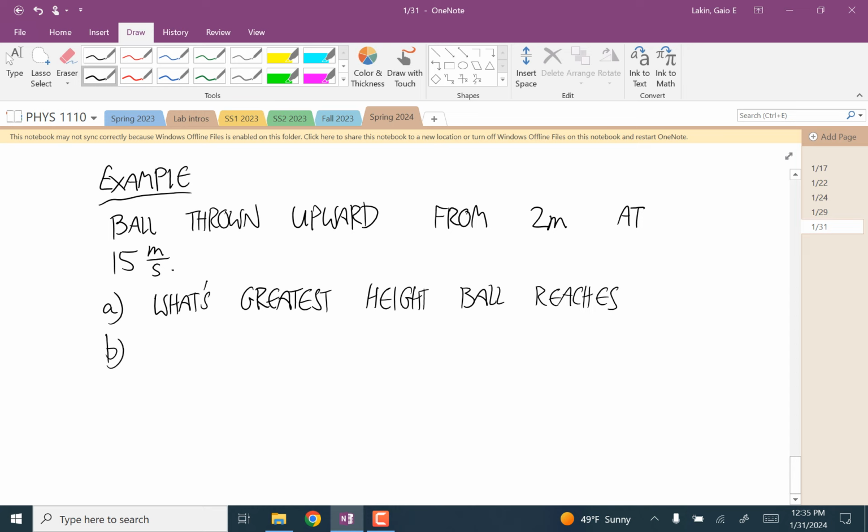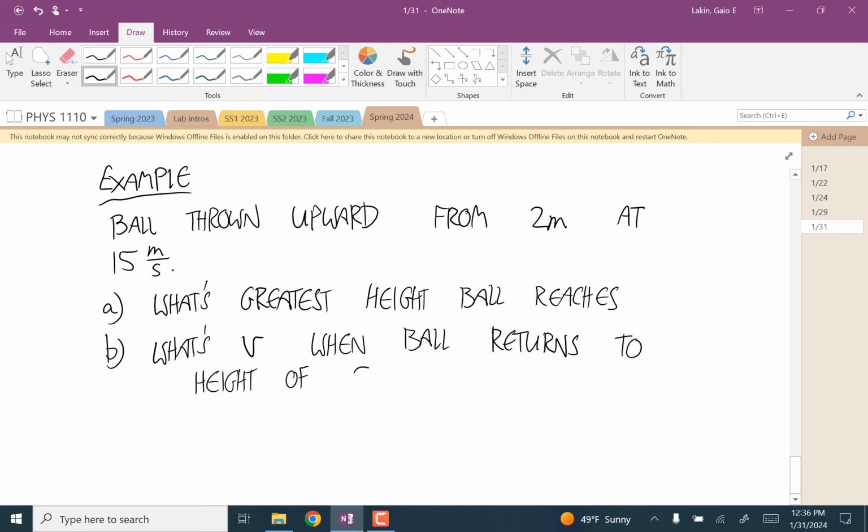And second, calculate the velocity when the ball returns to a height of 2 meters. Okay.